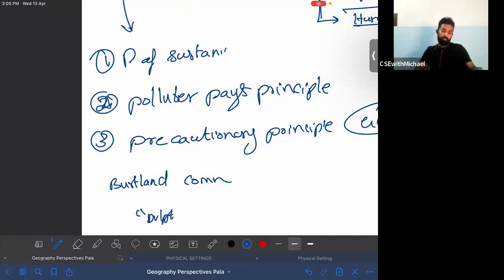In fact, environmental issues are best handled with the participation of all concerned citizens at all relevant levels. Okay.